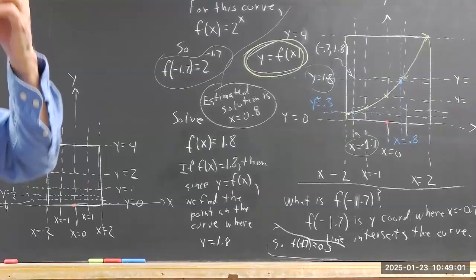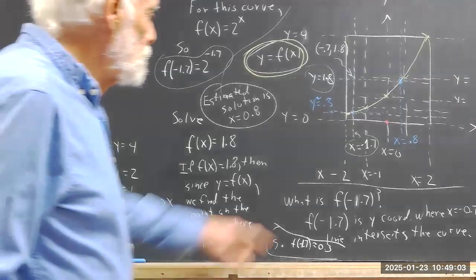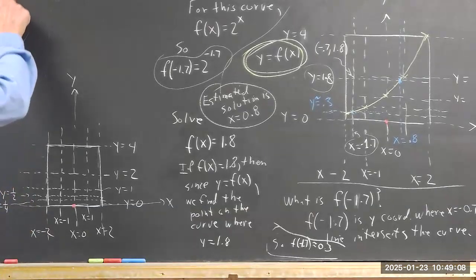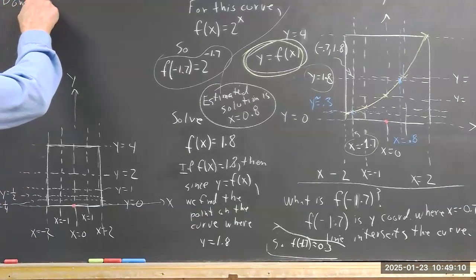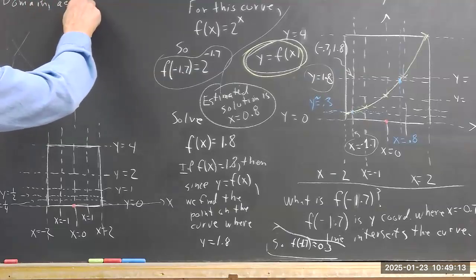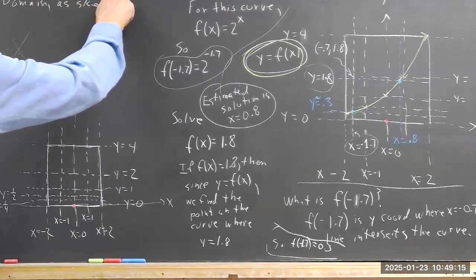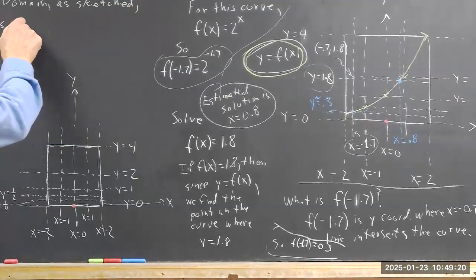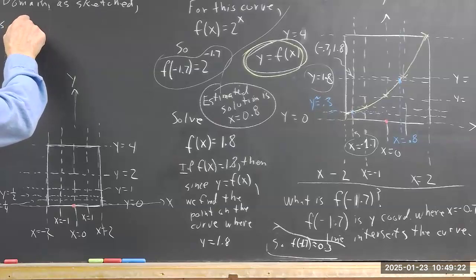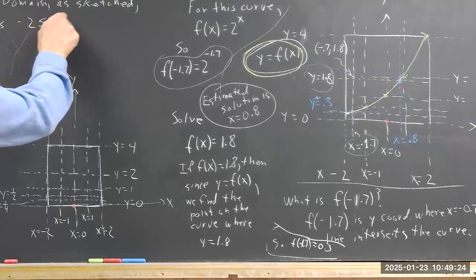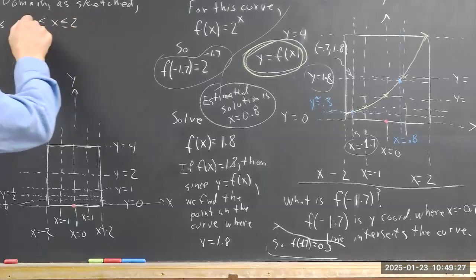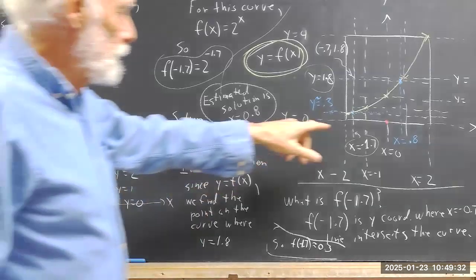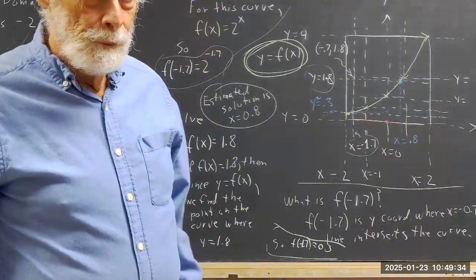I'm going to say the domain of this function is the interval from -2 to 2, the x interval from -2 to 2.